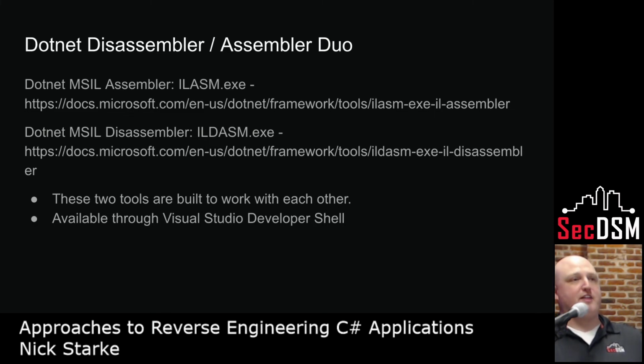The important thing is that provided you have syntactically correct disassembly, you can then use ILASM to reassemble the assembly into something that will execute on the CPU. These two tools are available through the Visual Studio command prompt. That's underneath the Tools menu in Visual Studio. You go to Tools, and then down to Command Line, and then Visual Studio command prompt. Then you can run these programs.